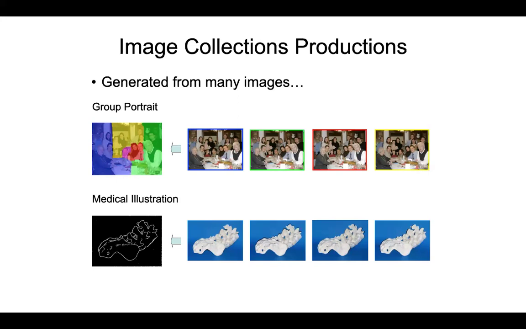And this is something different. This is a medical illustration, and this is a bone, and you want to get a very precise silhouette of the bone. And it's difficult to understand the silhouettes from just one image. So this was taken with a camera with 4 flashes, one shining from the top, another from the bottom, and from two sides.